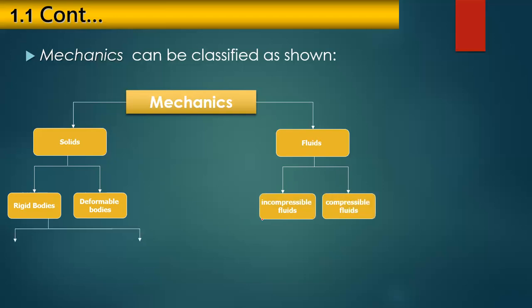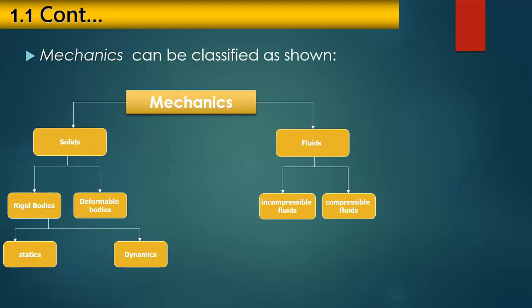Under rigid bodies, we can also discuss statics and dynamics. This is what I was explaining in the previous slide. When you talk about rigid bodies, they undertake two streams.